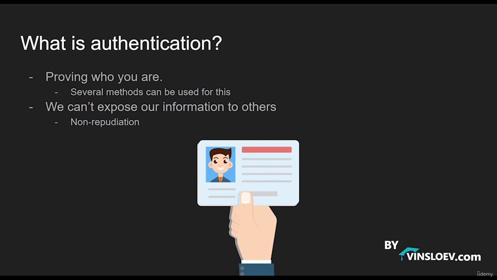We can't just tell a computer, well, I'm the administrator, and then the computer will ask, are you really the administrator? And then we just say, yeah, I am, and then it says, okay, fine, I believe you. We need some solid methods that allow us to authenticate, and these need to be bulletproof such that the wrong users can't exploit them and get access to something that they're not supposed to.